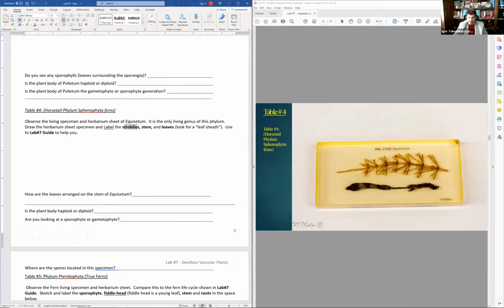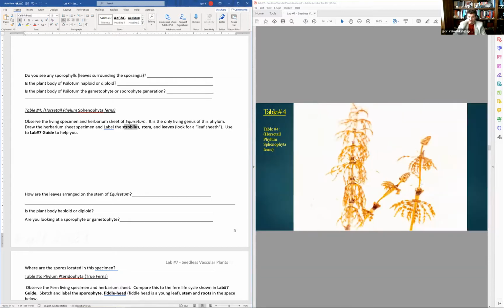The strobilus is on the very top, higher from the ground, so the wind can easily pick up those spores. Here we're looking at a stem, the central part. That's a good picture. Here we go, a dried up horsetail. This is the stem. The parts coming out are leaves, and on the very top right there you will see the cluster of sporangia known as a strobilus. It's basically a pine cone in the making. Not a pine cone yet, but kind of in the making.